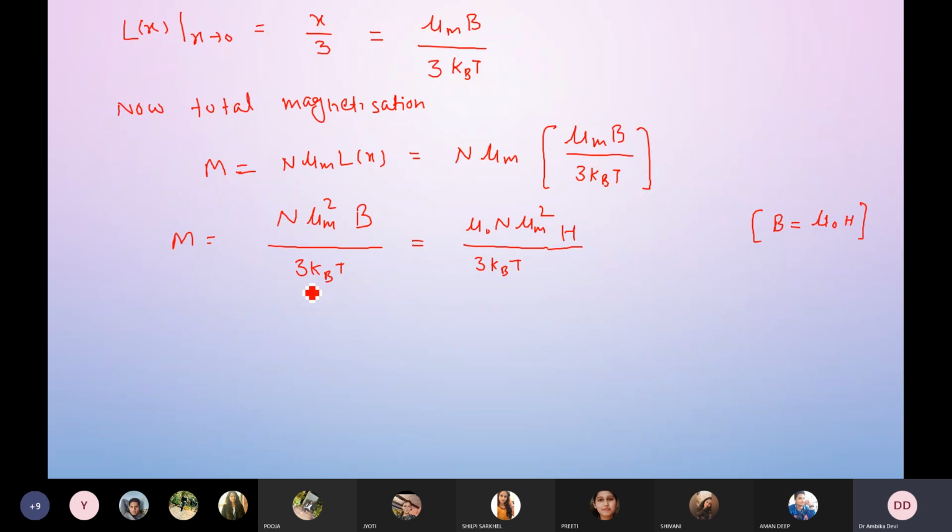Okay. Now what about the susceptibility? Susceptibility is magnetization divided by the applied magnetic field intensity.